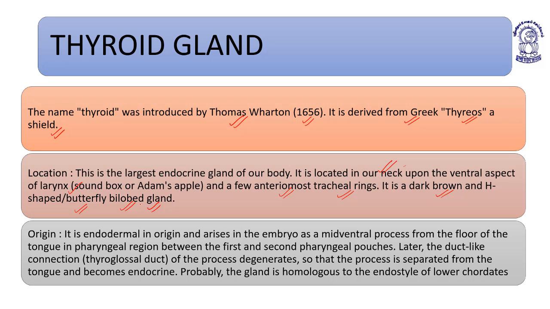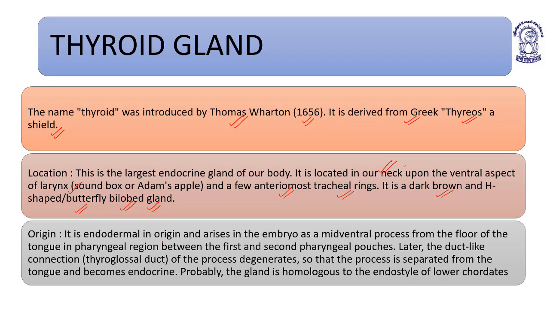It is dark brown in color. It is basically situated on the ventral aspect of the larynx, that is sound box or Adam's apple, and few anterior-most tracheal rings. Origin.